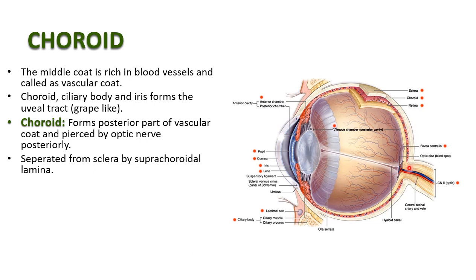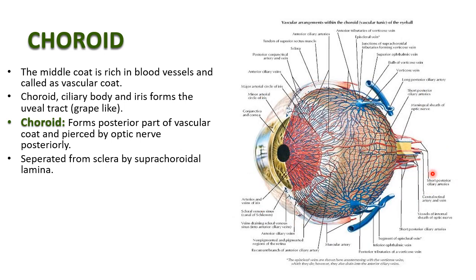Posteriorly it is pierced by the optic nerve, and at this place it is very tightly adherent to the sclera, and it is continuous with the pia and the arachnoid matter.